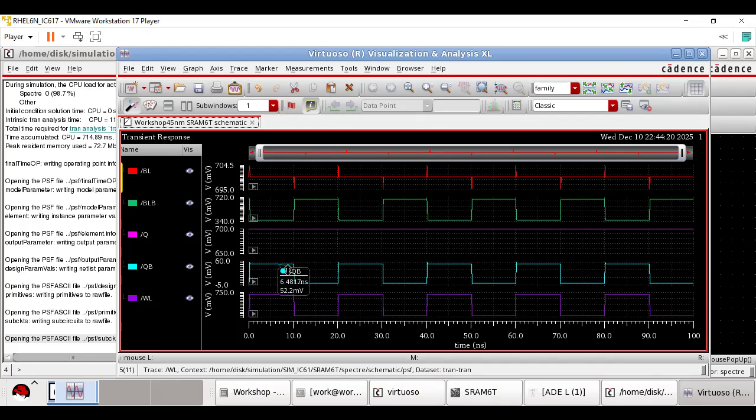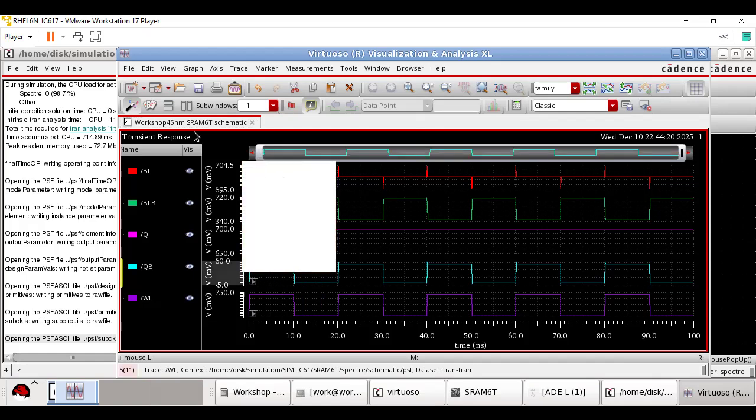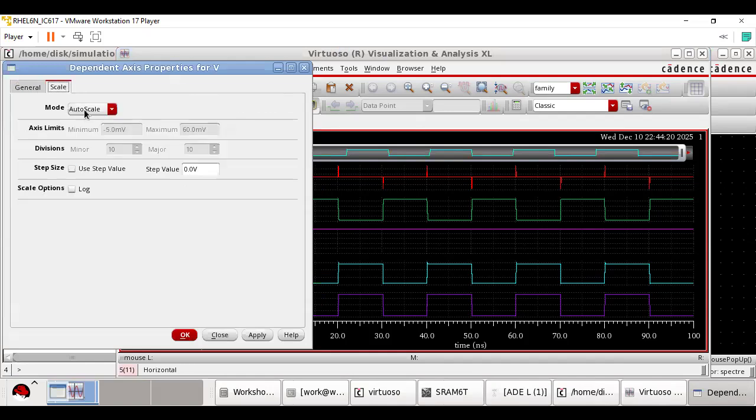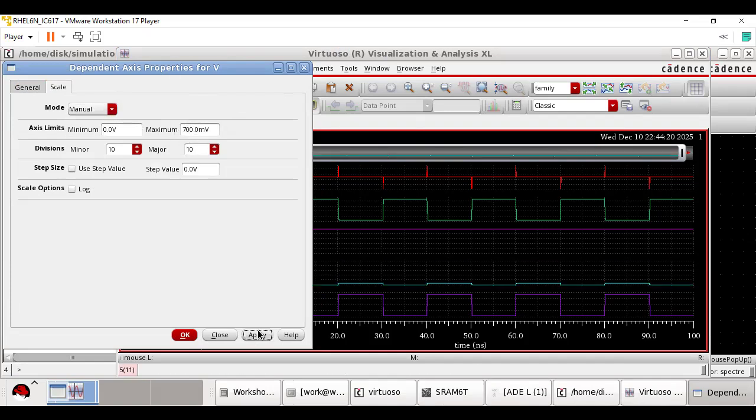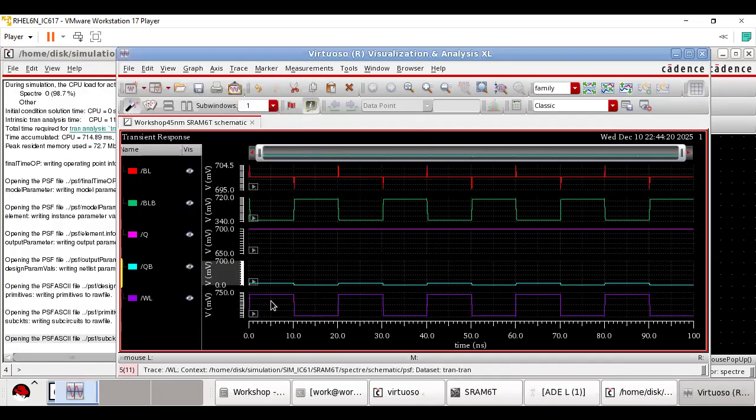This is completely zero. And if you see this, this is your QB, which is absolute zero.